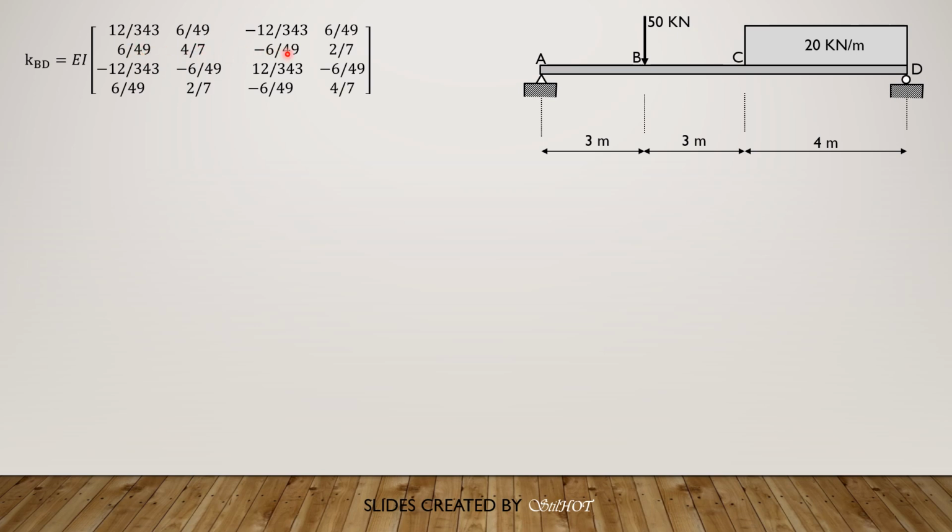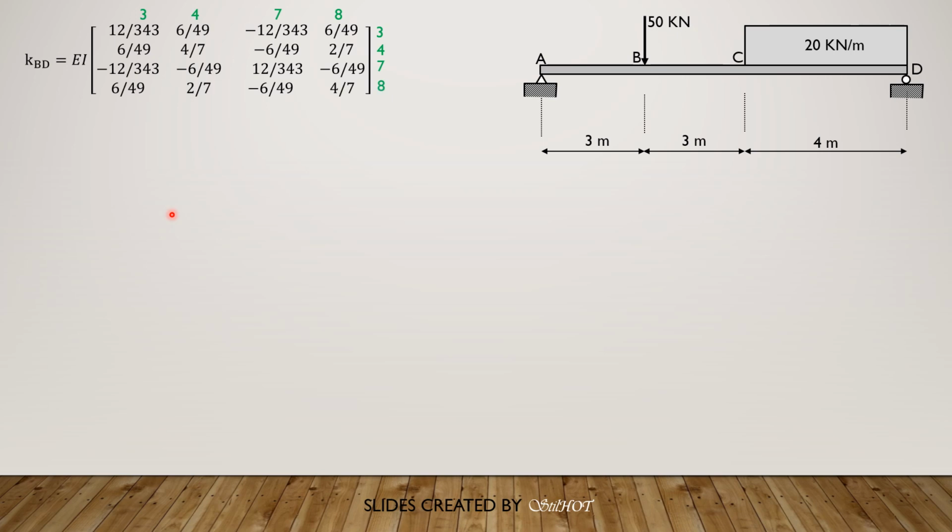The negative of 6 over 49 and 1/2 of 4 over 7 is 2 over 7. Then the negative of the first row, then copy the second row, except that we interchange second and fourth column elements. And that is the stiffness of BD, which is 3, 4, 5, 8.